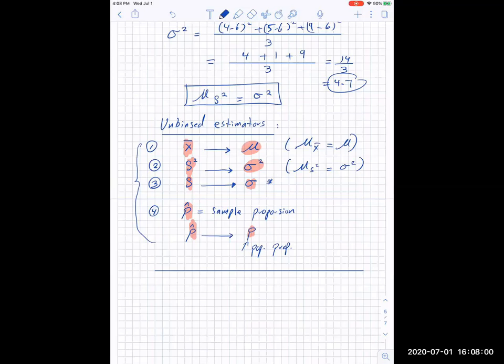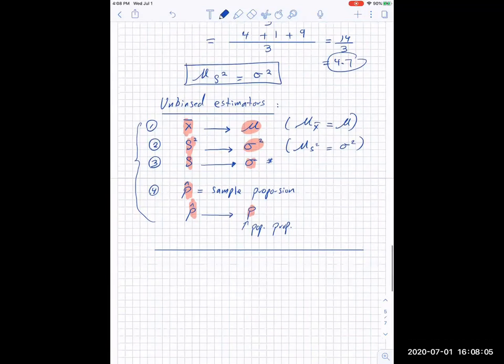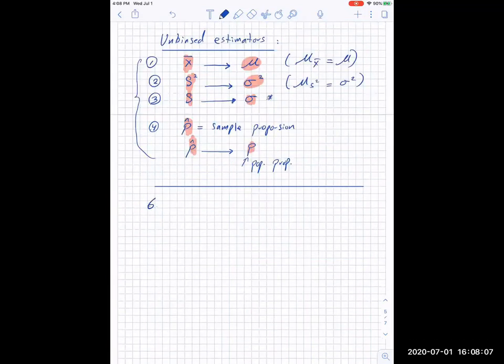All right, the last section, 6.4. The central limit theorem.